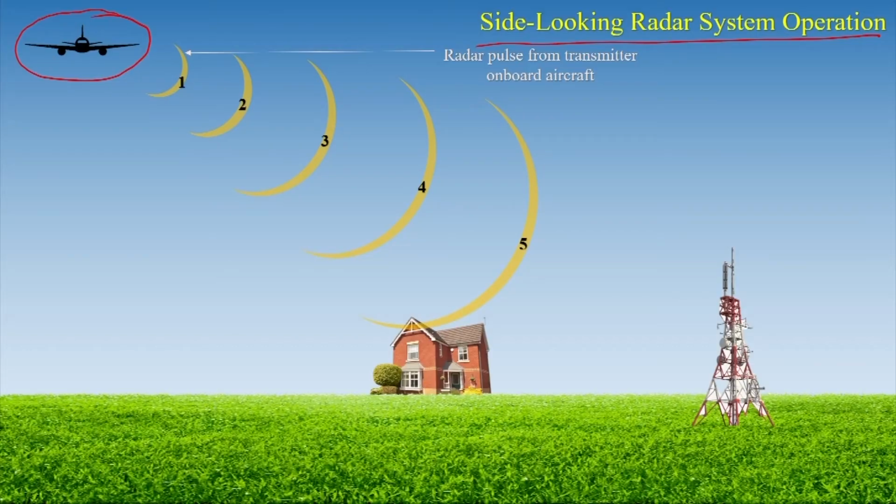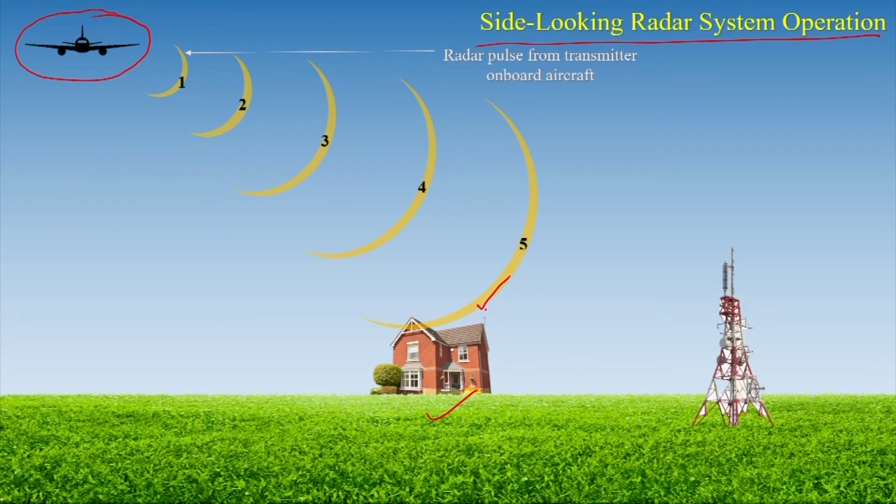Here you can see once it has reached this particular position, it has already interacted with the first object, right. As soon as this object gets the transmitted signal, what will happen? Your back scattering will start.